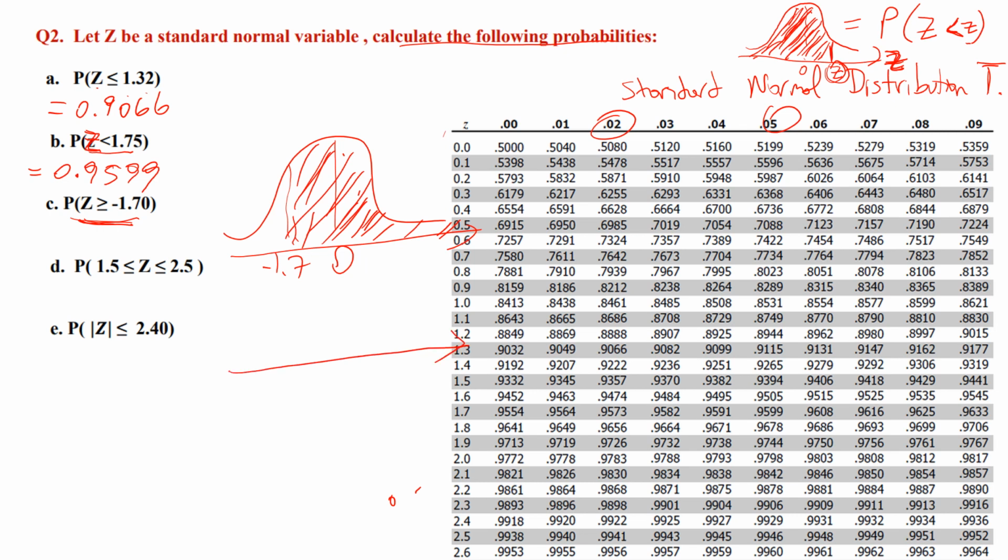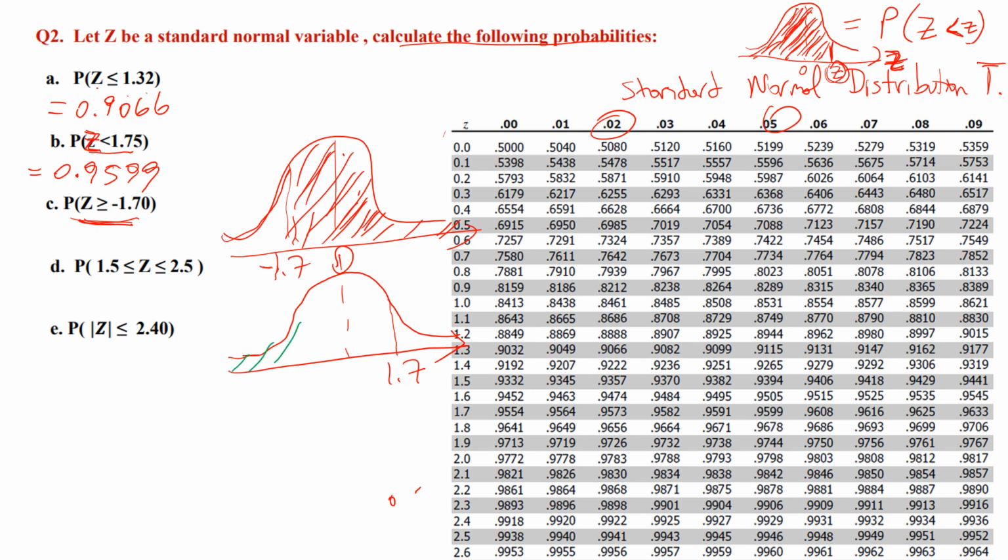Look at this one. Since this is a symmetric distribution, think about this. Take negative 1.7 and take the positive 1.7.